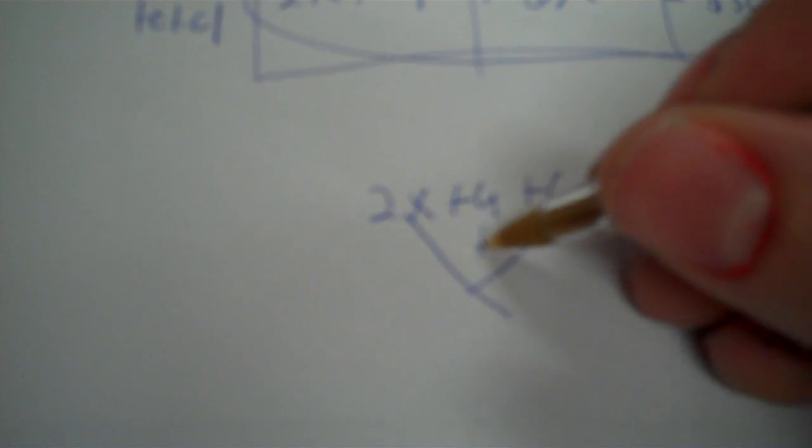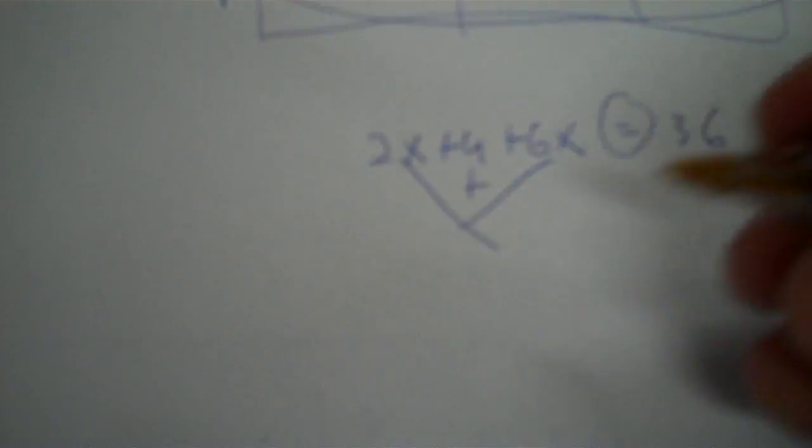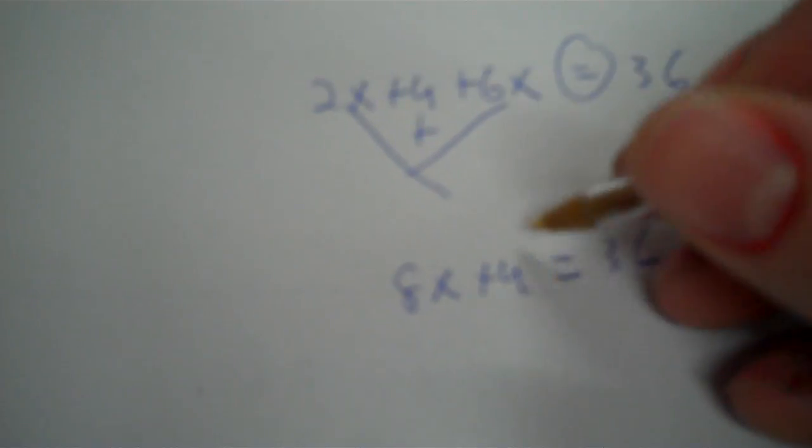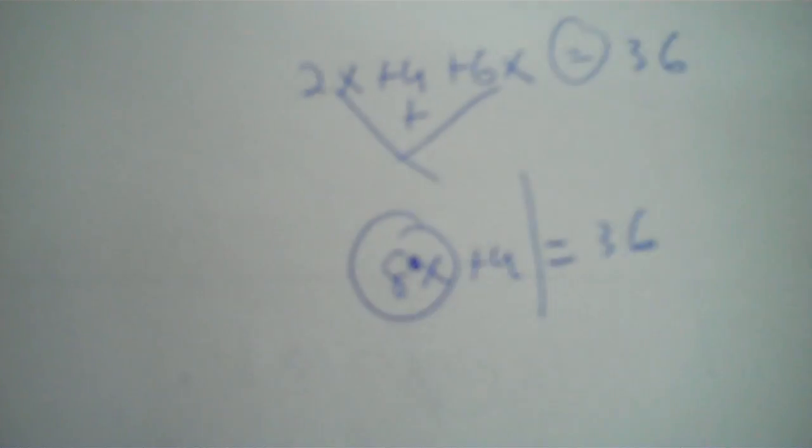Okay, so we would combine the x's. They're on the same side, so we combine them by adding them. It's 8x plus 4 equals 36. Then the operations to x are times 8 and plus 4. So we minus 4, that's 32.